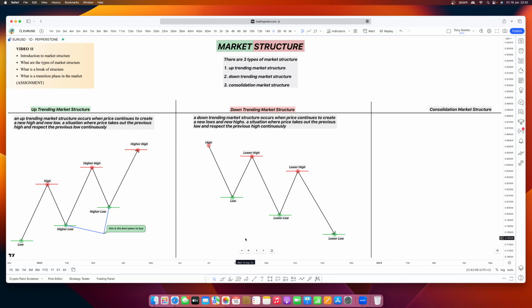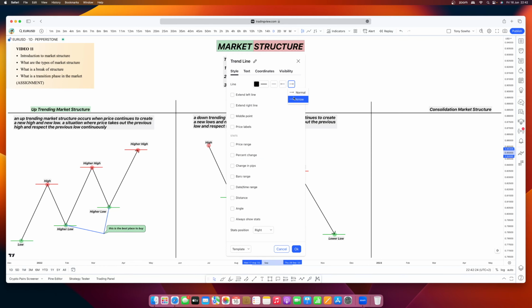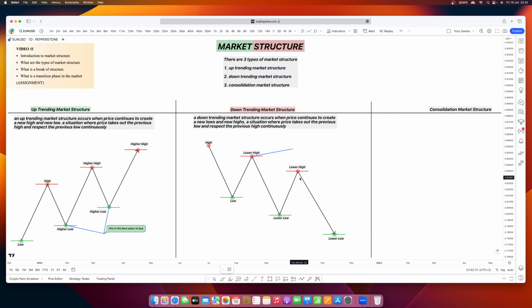See it now. So now the next big question comes, where is the best place to sell? So in a downtrending market, the best place to sell is going to be at the lower high. Very simple stuff. So we can just make this blue, and then we have this area here. We can just adjust this a little.